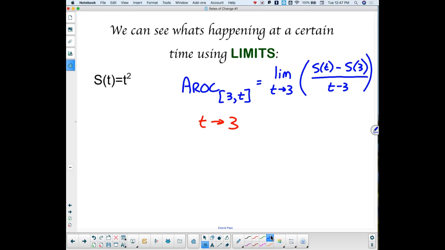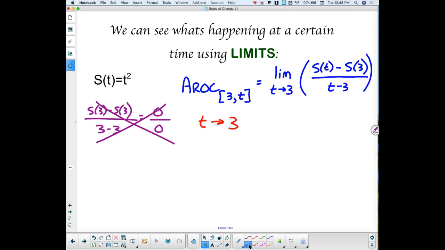Now I can't straight up plug in 3 for t, because if I did, I'd have S of 3 minus S of 3. Anything subtracting itself is 0. And then I'd have 3 minus 3, which is 0 again, and so I get 0 divided by 0. And we can't do that.